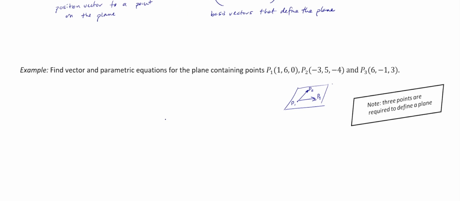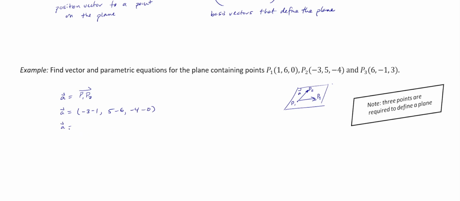So two basis vectors and a point on the plane will create an equation of a plane. So I'm going to find my basis vector A. A is equal to P1P2. Basis vector A, if I do P1P2, that is -3 minus 1, 5 minus 6, -4 minus 0.